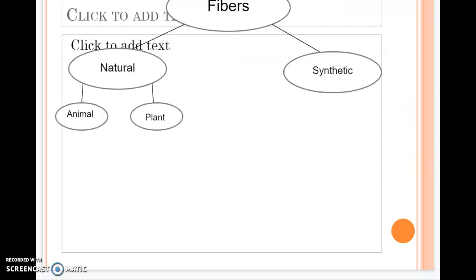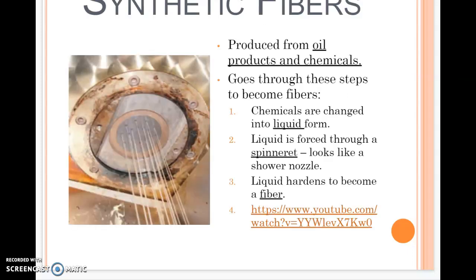So we have this diagram. You can see here we have fibers are natural and synthetic, and then we have 2 forms of natural fibers, animal and plant. Okay, synthetic fibers. Synthetic fibers are produced from an oil product and chemicals. So they are man-made.